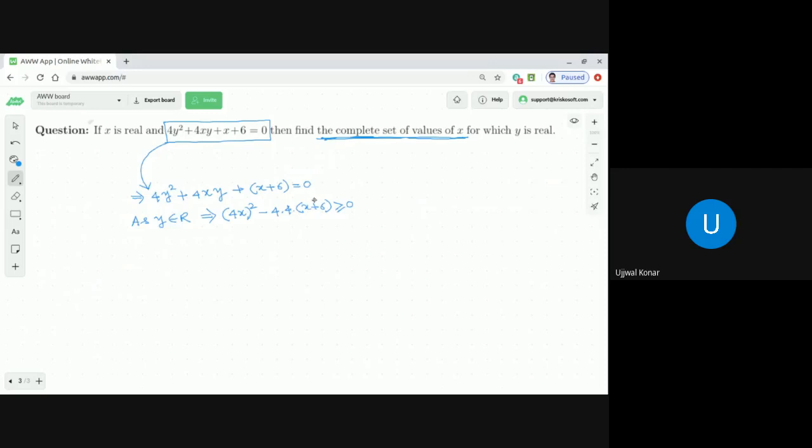From here we can take 16 common. So this implies x square minus x minus 6 is greater than equal to 0.